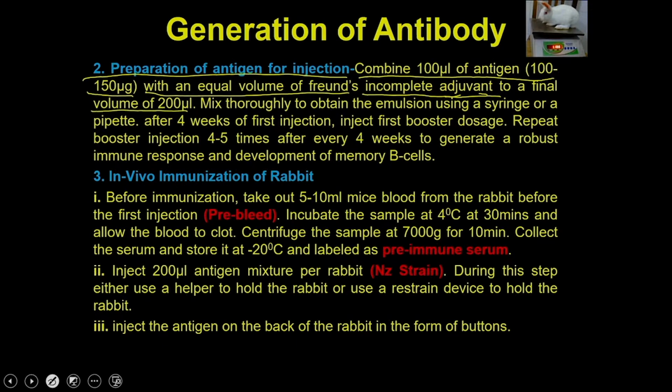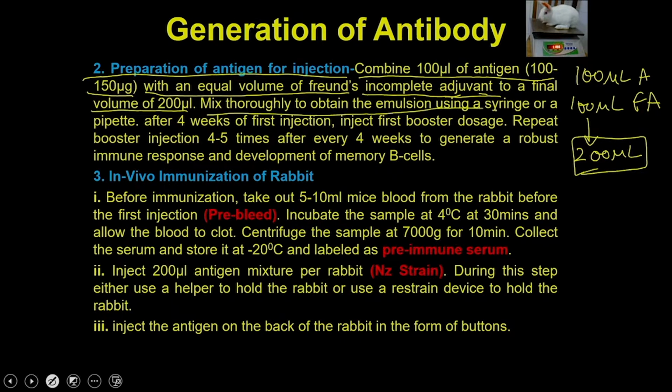You take 100 microliter of the antigen and 100 microliter of the Freund's adjuvant, so it is going to be 200 microliter, and you have to mix these thoroughly to obtain an emulsion using a syringe or a pipette.